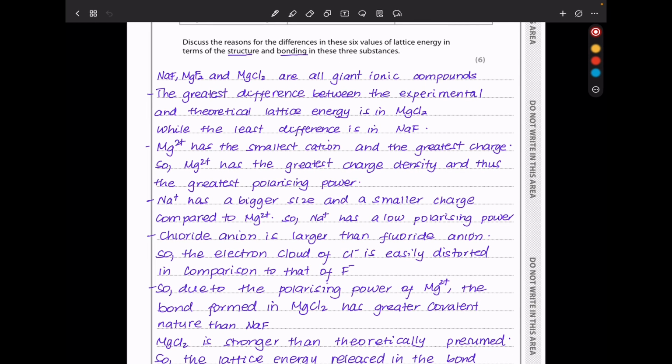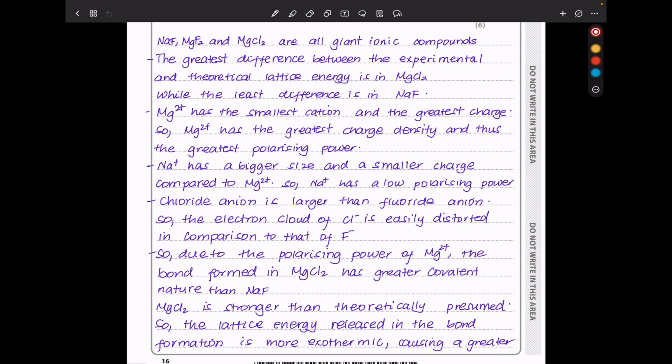Mg2+ is the smallest cation and has the greatest charge. So Mg2+ has the greatest charge density and the greatest polarizing power. And Na+ has a bigger size and a smaller charge compared to Mg2+. So Na+ has a low polarizing power, meaning it does not distort the electron cloud as much.